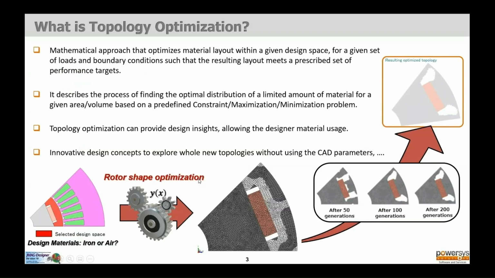Here you need to note that the topology optimization is the mathematical approach that optimizes the material design of a specific design space, and JMAG will be able to find the optimal distribution of the design space, which can give you, for example, the maximum of the torque or the minimum of a specific function.